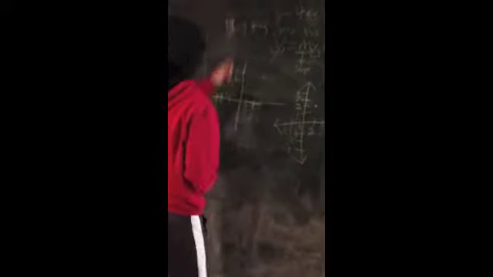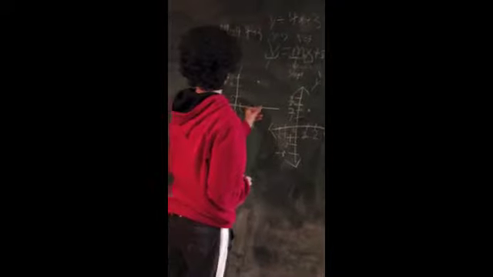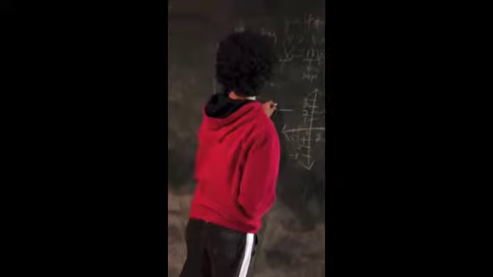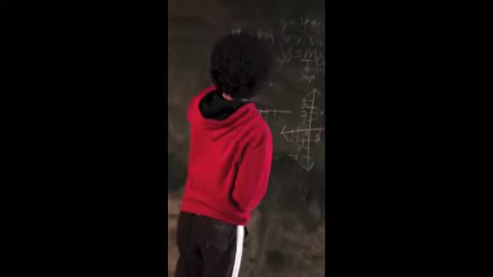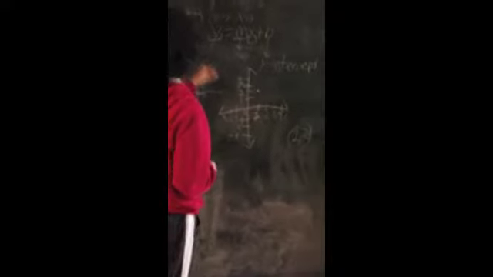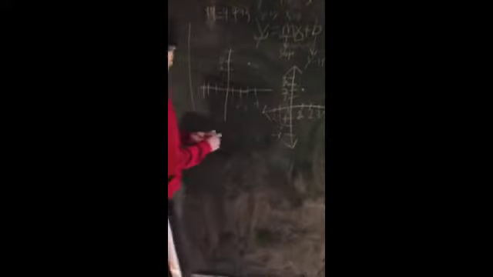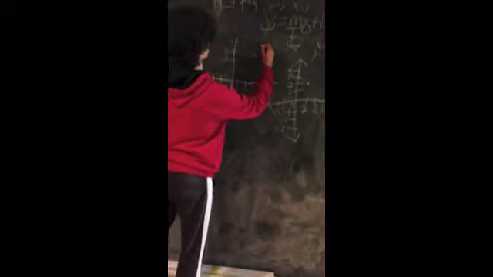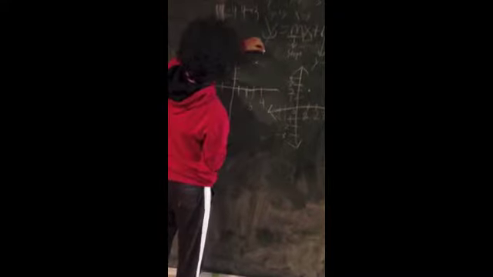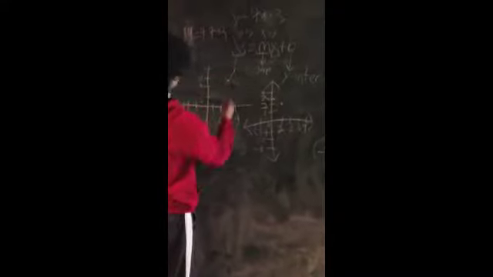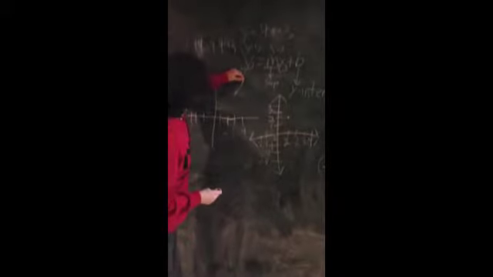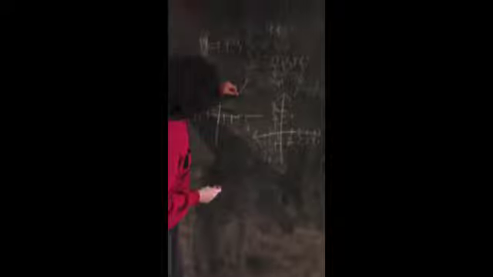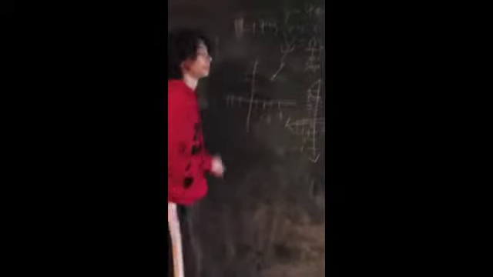Now we find 4 on the x-axis and 19 on the y-axis, and then we'd plot the point. Now we connect the two points drawn, and this is our line.